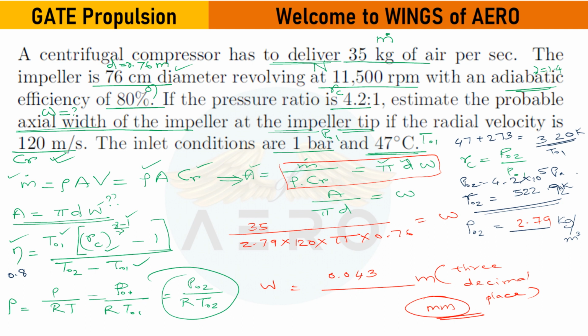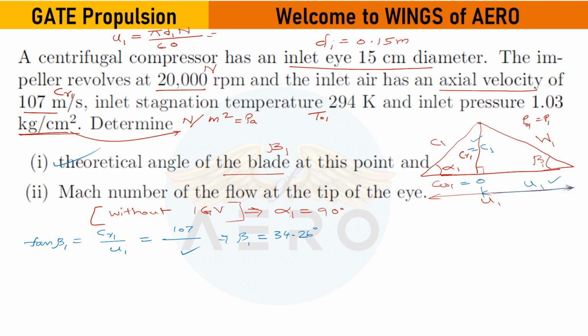And here it is the Mach number of the flow at the tip of the eye. There is a difference. Tell me what you have to find over here.